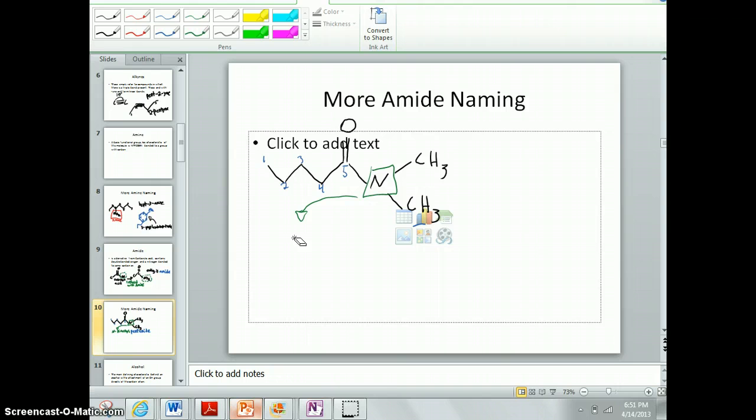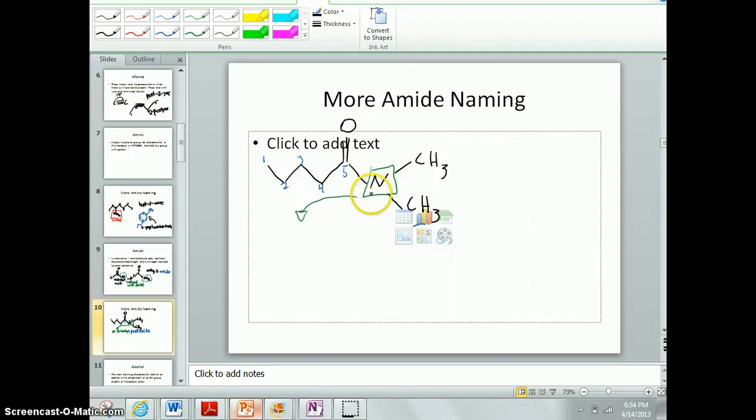So now when we go to take a look at naming this group right here, we're going to want to start numbering so that this is the lowest constituent. And so actually these are in fact 2 different groups. This right here, we have our nitrogen group coming off one side of our double bonded oxygen.